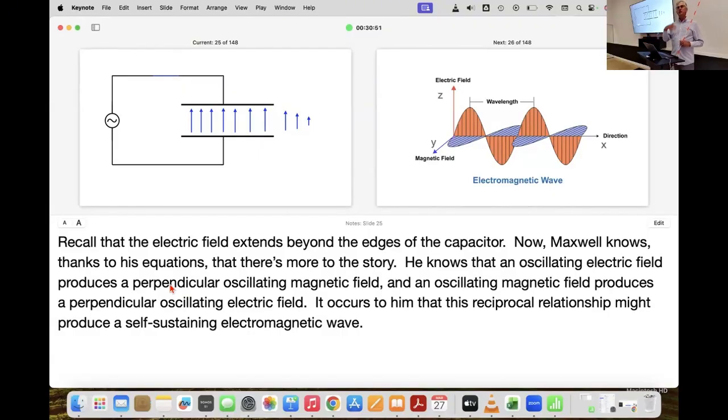This is from his equations based on the work of others before him. And he knows that that changing magnetic field induces a changing electric field. So there's this reciprocal interaction. And so he says, what if this process produces a self-propagating electromagnetic wave of some sort?